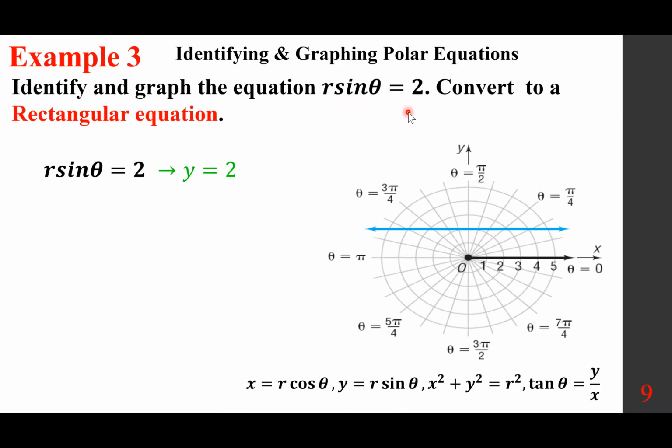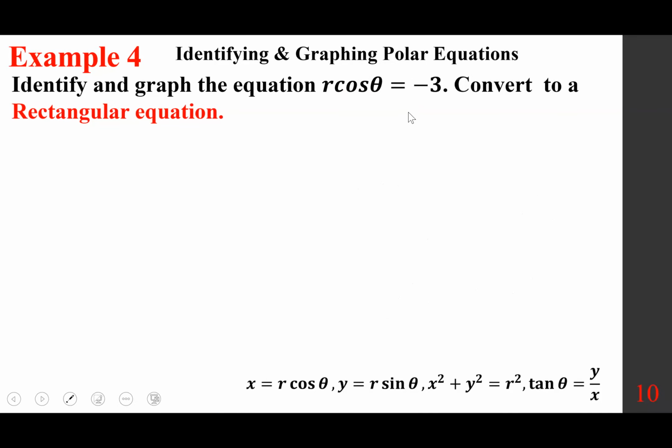You're learning about different types of polar equations. Over here, we have r cosine theta equals negative 3. Well, what happens here?